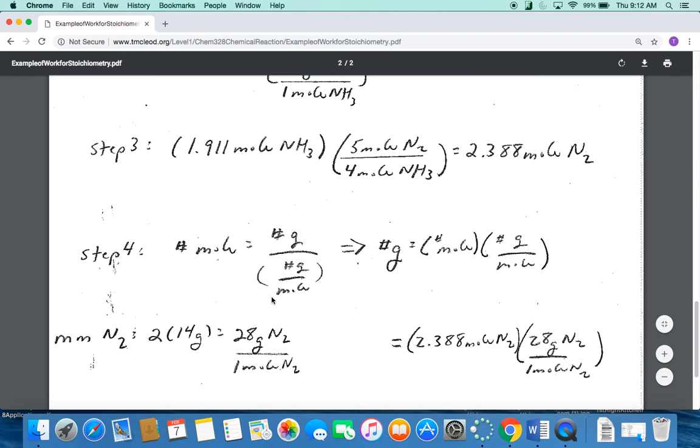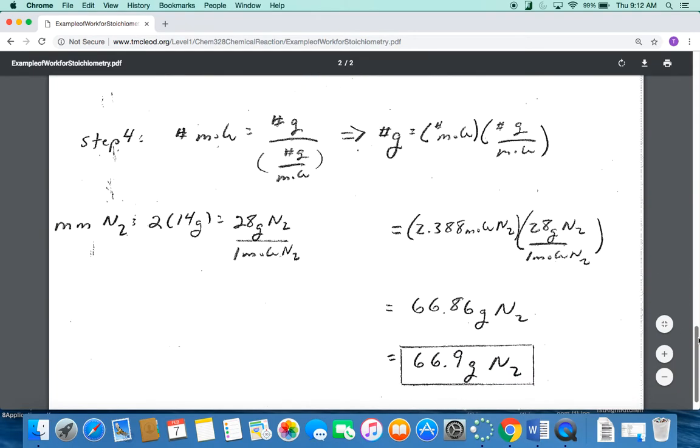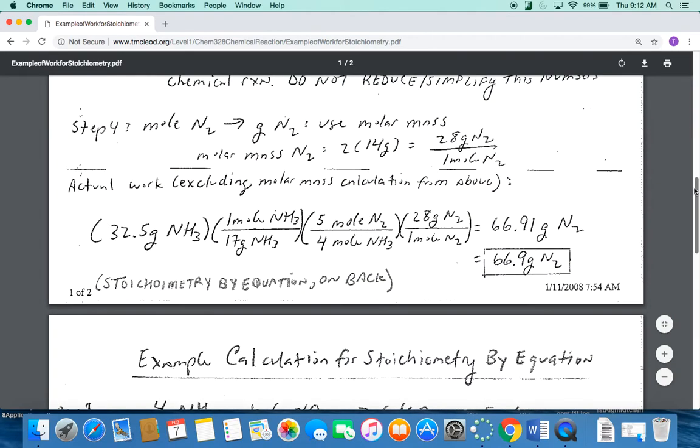Then, of course, now you just simply do another mole wheel, one-step calculation. You want grams, so you then use the equation. You know what the molar mass is for N2. Here you go. And you get your answer. Okay? Same exact answer. So up here, you have to do the molar mass of both of them too. I just didn't show it here.